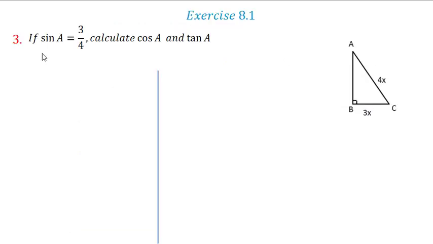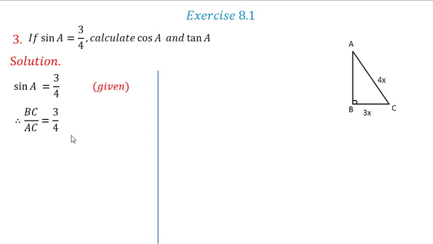If sin A is 3/4, we have to calculate cos A and tan A. Now sin A is given as 3/4, so we first draw a right angle triangle in which A is an acute angle and the ratio of the opposite side to the hypotenuse is 3/4.